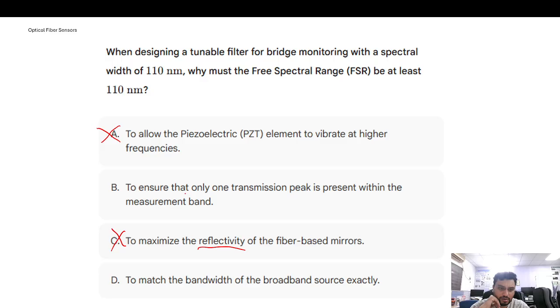To ensure that only one transmission peak is present within the measurement band, yeah, this is correct actually. So what is happening in this FSR?